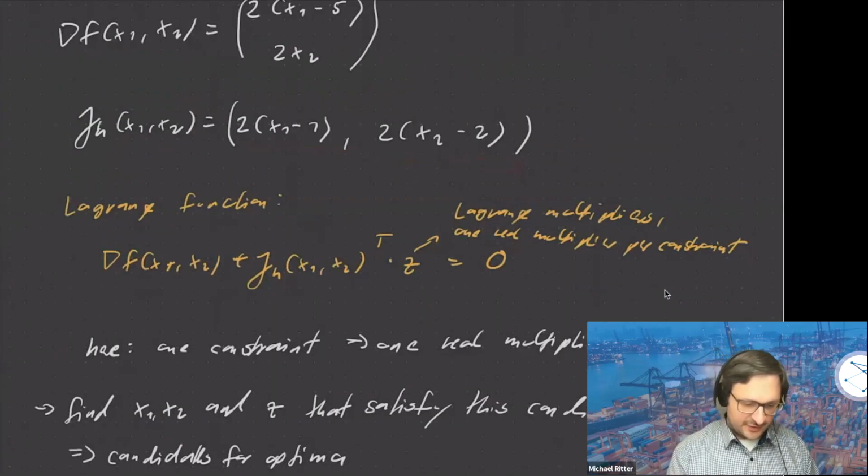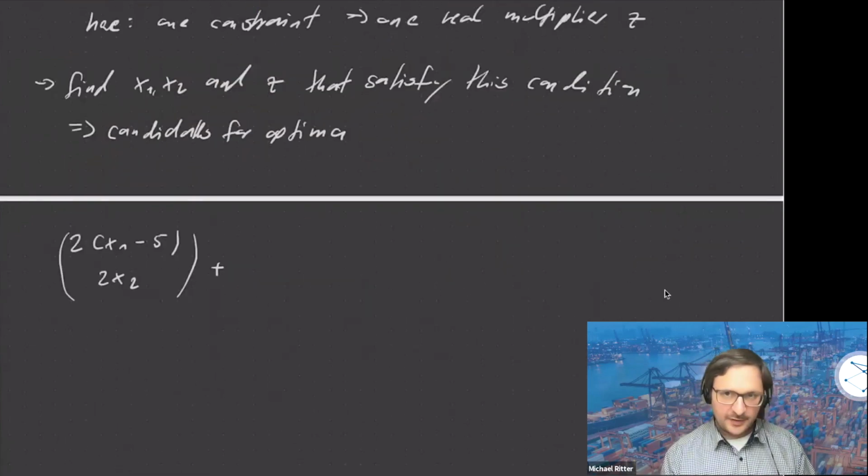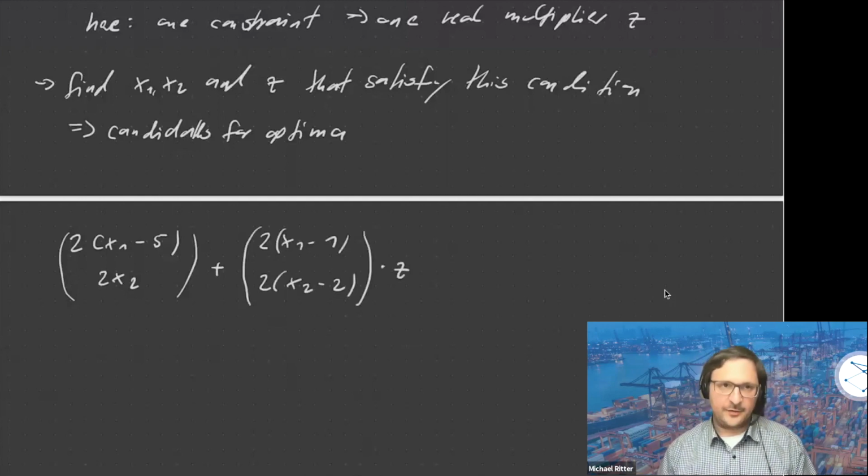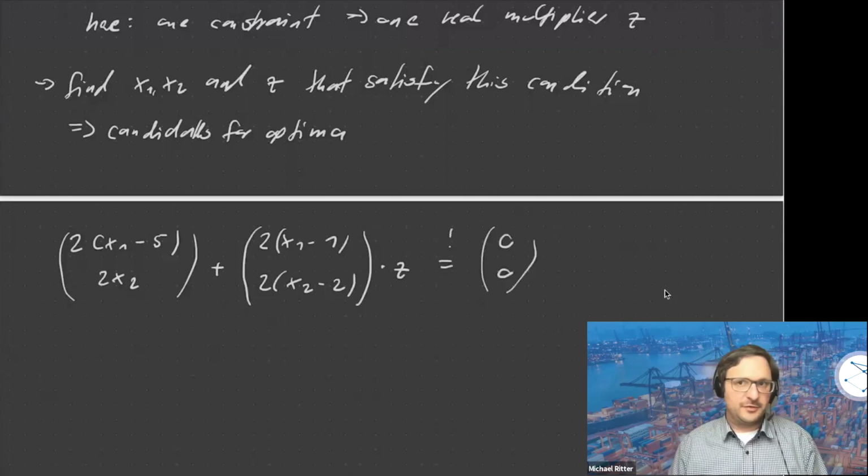So this matrix here, transposed, that is 2x1 minus 1 and 2x2 minus 2, times Z. And remember, Z is one real value here. It's one multiplier per constraint. And that has to be 0, so the 0 vector to be precise.